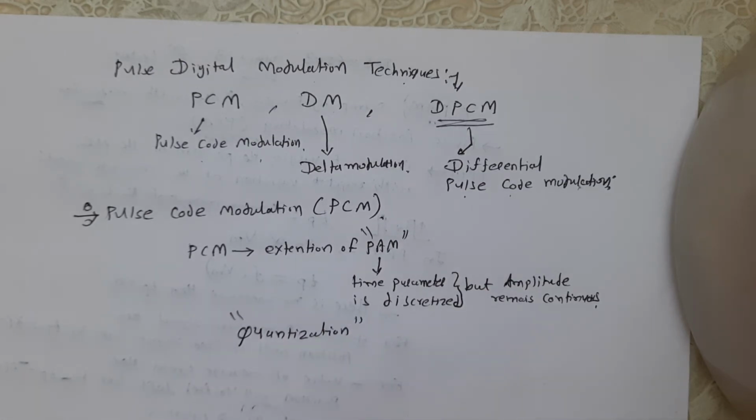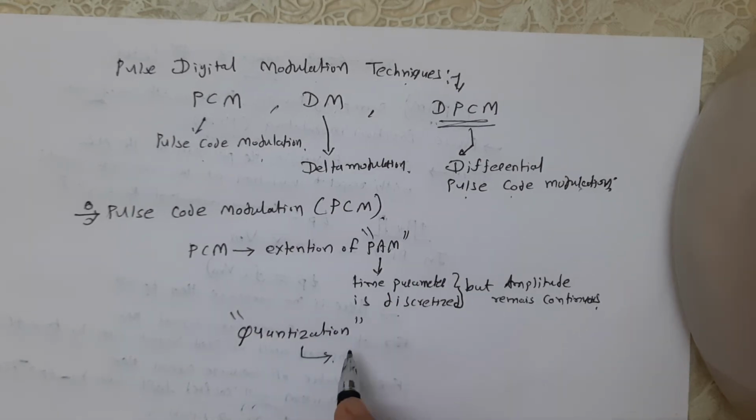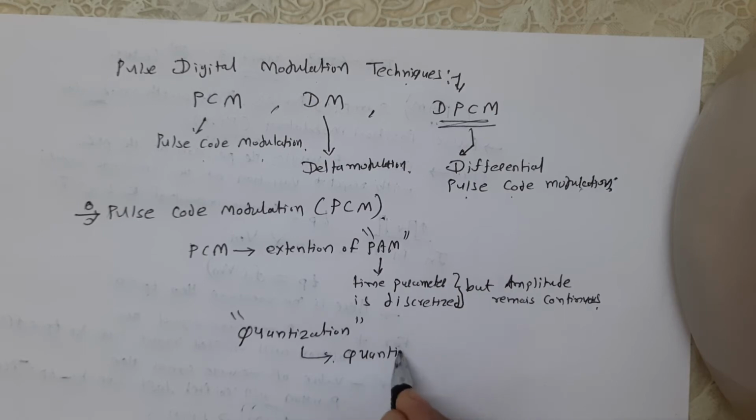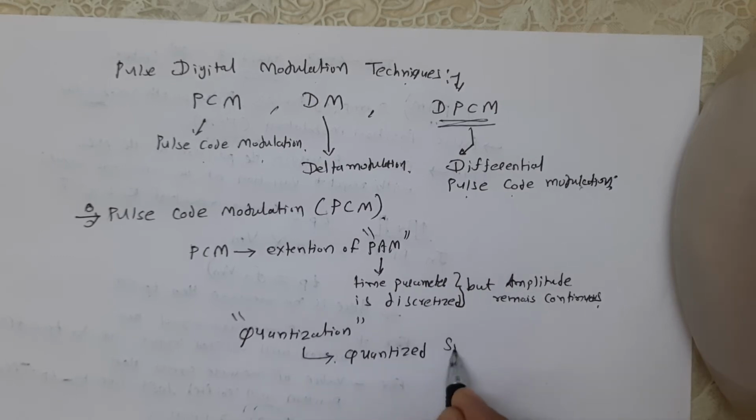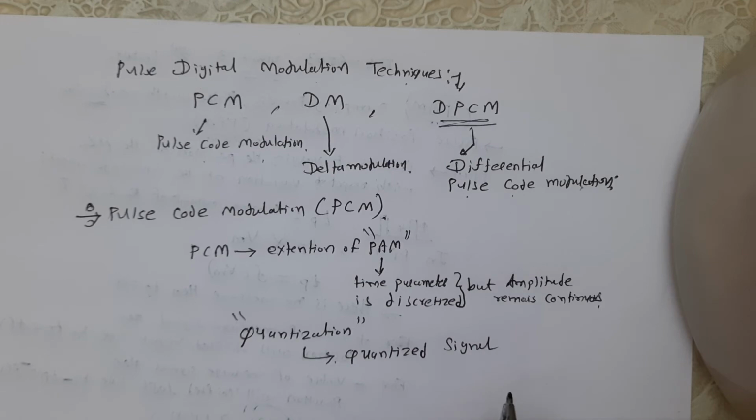So, what is quantization? Next, the signal with discretized amplitude values is termed a quantized signal. After the process of quantization, the signal is known as a quantized signal.